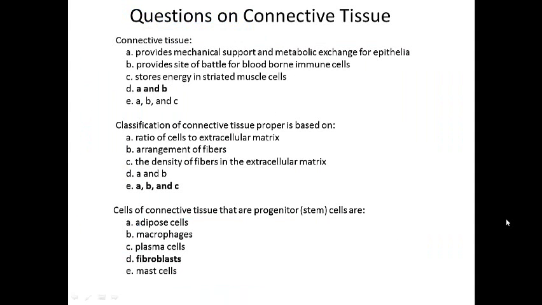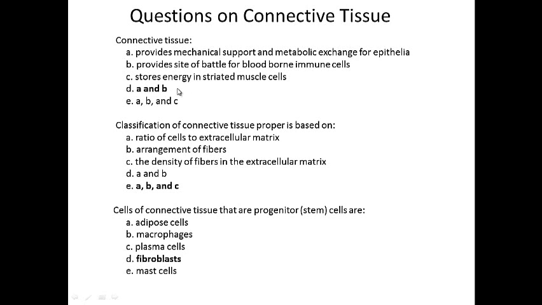Questions on connective tissue. Connective tissue provides mechanical support and metabolic exchange for epithelia. True. Provides a site for the battle for blood-borne immune cells? Yes. Stores energy in striated muscle cells? No. It stores energy, but it does it in fat cells.